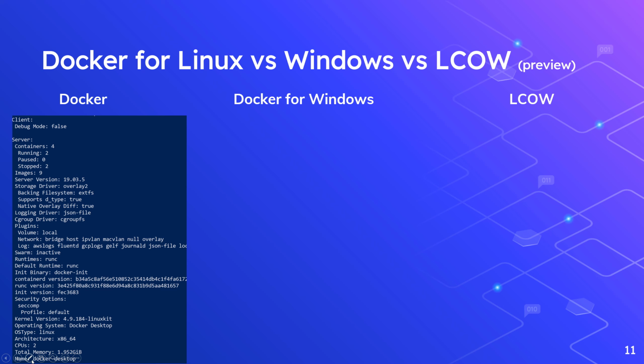So you can see that I right now have a Linux operating system in here, and the architecture is x86 64, and you can see how many containers are running, how many of them are stopped, and how many images I have downloaded and so on. So these are all running based on the Linux operating system within my Windows machine. So my host machine is Windows, but still it is running within a virtual machine of Linux.